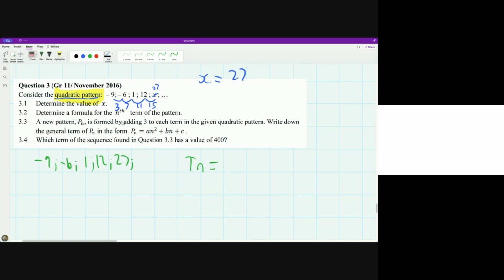Essentially what they're saying is, what are the three values?